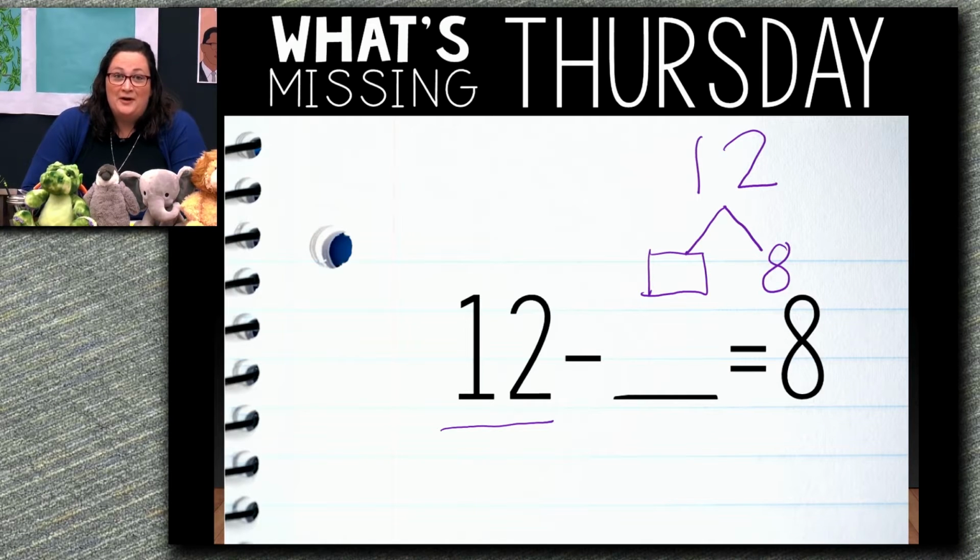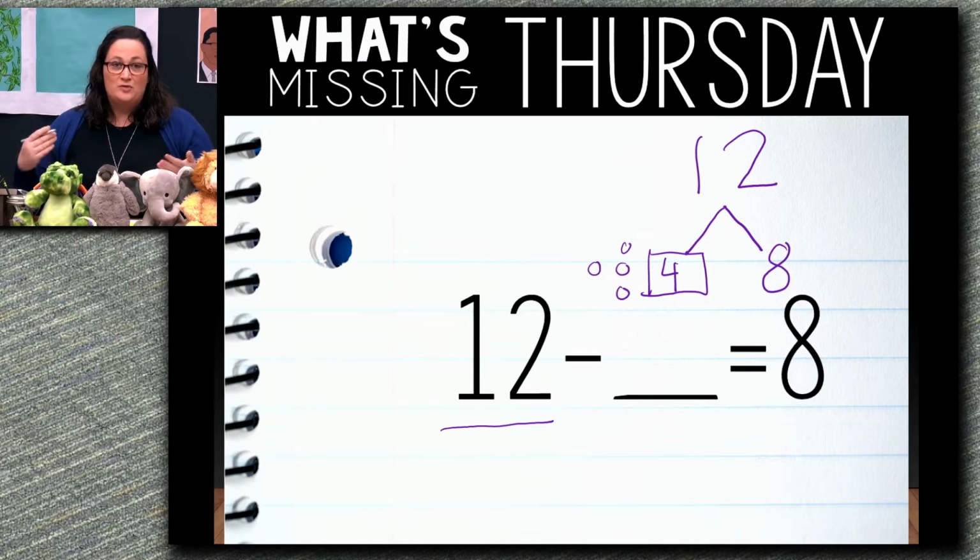Oh, you could add on, right? 8, 9, 10, 11, 12. How many is that? 4. Do 4 and 8 make 12? So if I have 12 and take 4 away, how many will I have left? 8. Problem solved. When you talk about what you do know, it helps you find what you don't know.